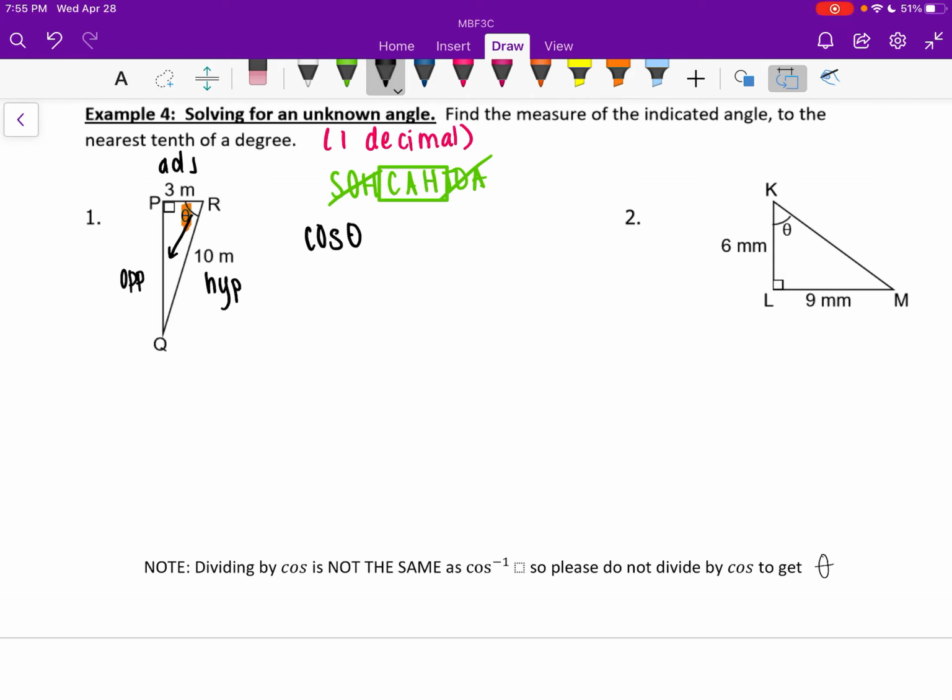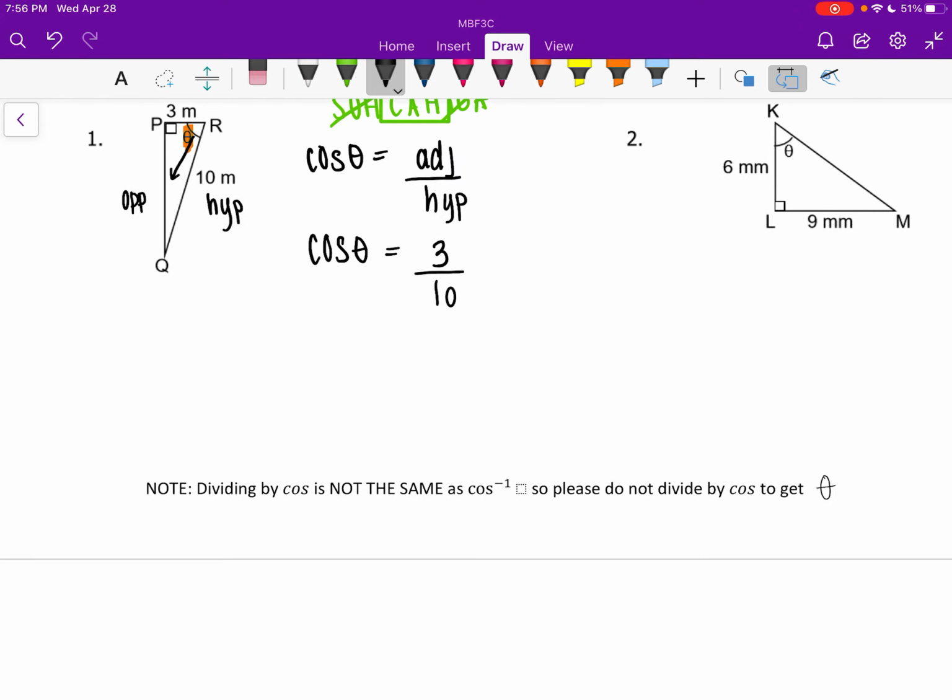Cosine theta is equal to adjacent over hypotenuse, right? Cosine theta is equal to, the adjacent number is 3, the hypotenuse is 10.